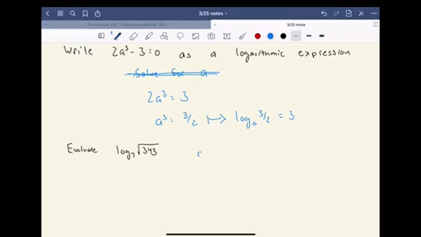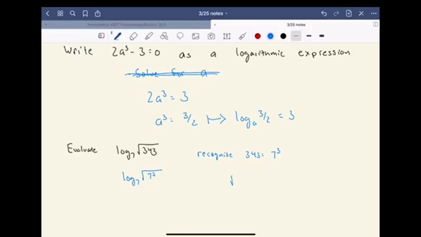What I mean by that is this. We have to recognize that 343 is 7 to the third. Otherwise, we're not going to get anywhere. Okay? Once we recognize that, then we take log base 7 of 7 to the third, but you're taking the square root of that.